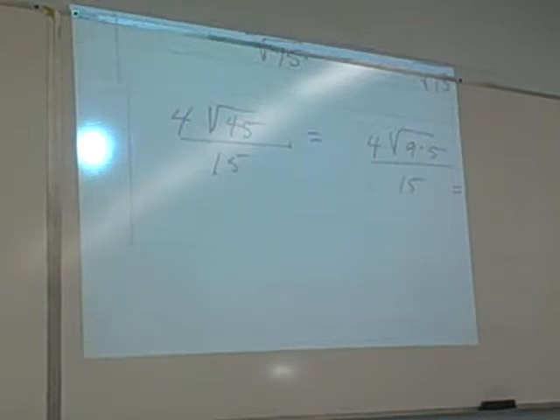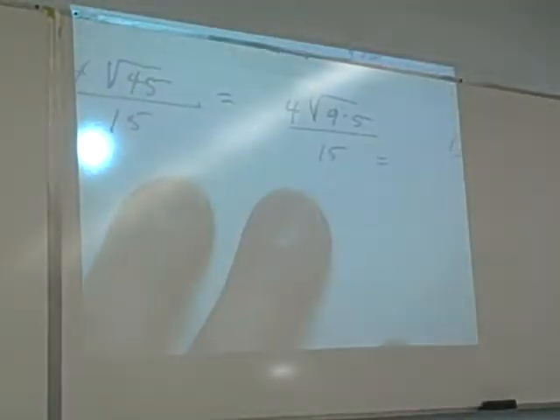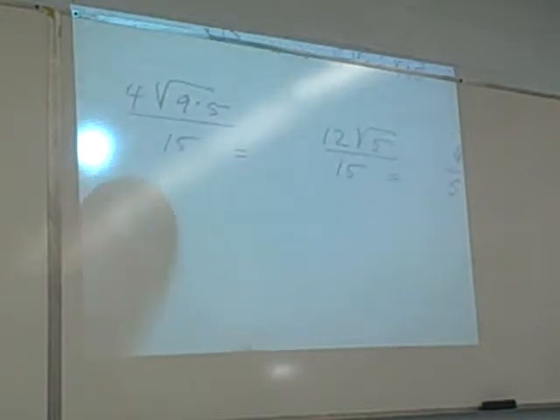What could I do with the 45? 9 times 5. You're always trying to simplify. And it's really about knowing your multiplication facts and breaking your numbers down again and again and again. So 45 is 9 times 5. And I know that I can take out a 3.